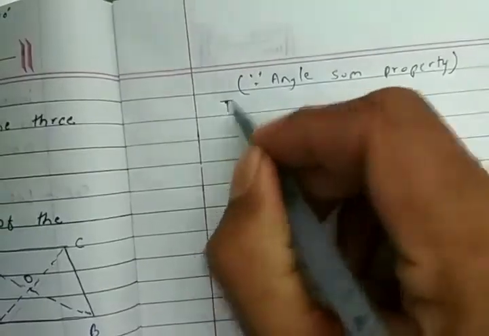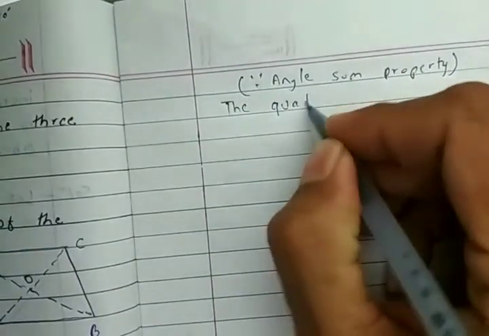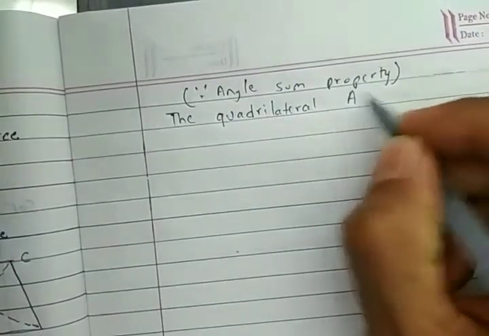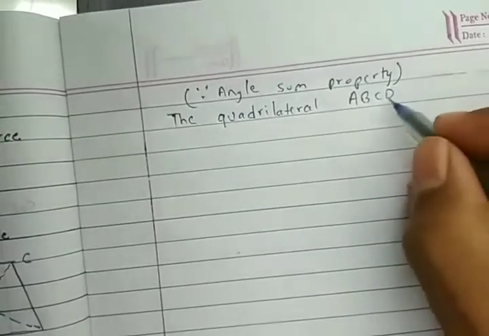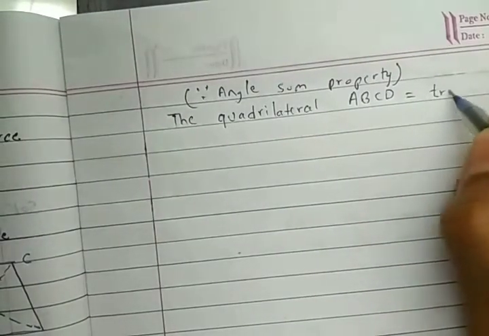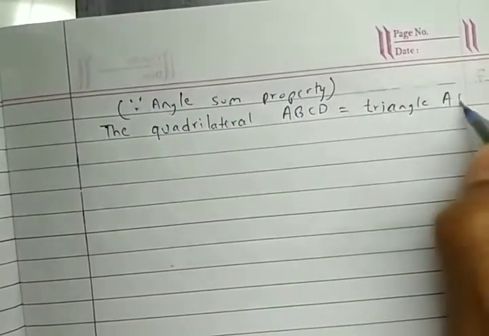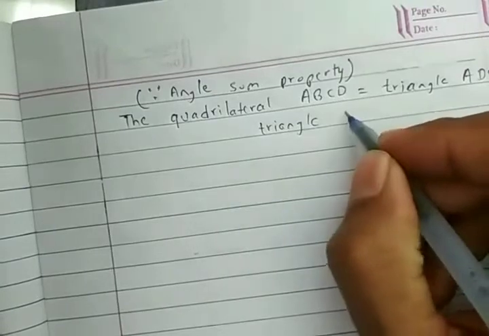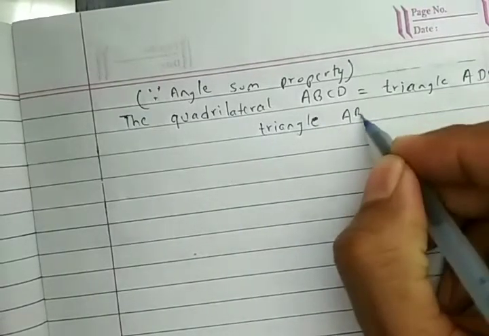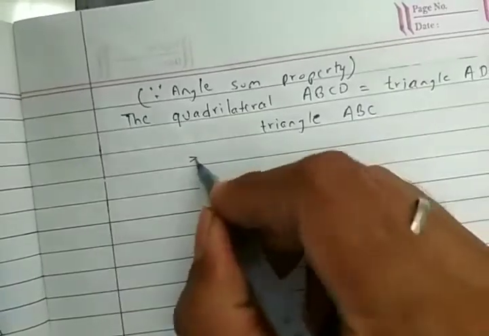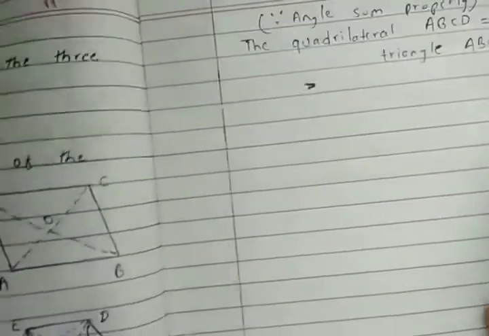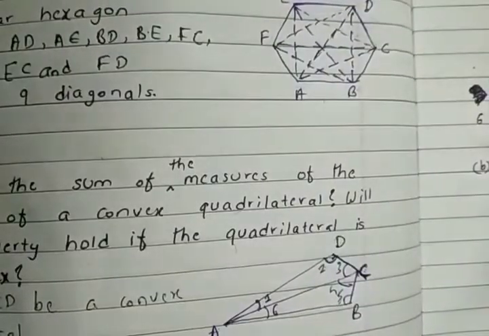Okay, now the quadrilateral ABCD is equal to triangle ADC plus triangle ABC. So what is the triangle ADC? Sum of all the angles is equal to 180 degrees.